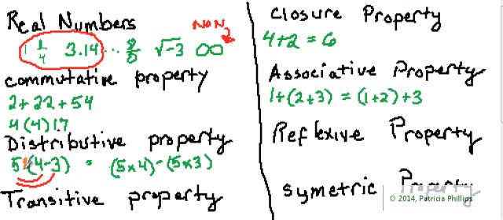This is very important. Where I'm shading it in orange, notice that there's nothing right there between the 5 and what's going on in parentheses. There's nothing in between it. So that's how you know you're multiplying.